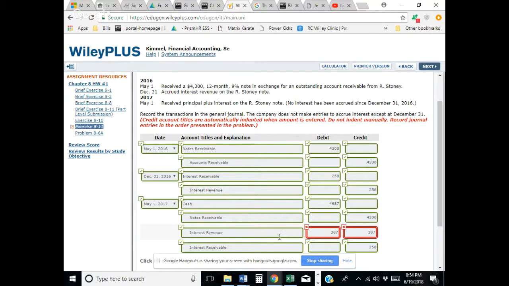I got this one wrong, but I'll show you what I did so you don't make the same mistake and you get full credit. The next account is interest revenue. I listed both, which obviously you can't do, but what you want to do is credit interest revenue for $387.